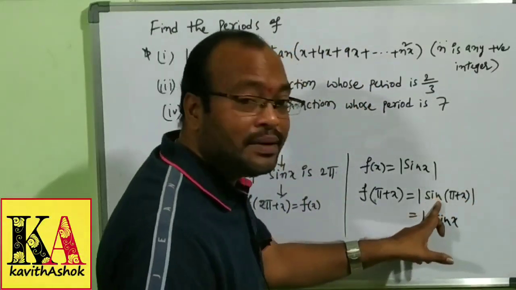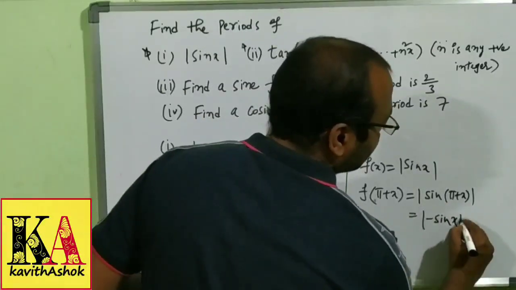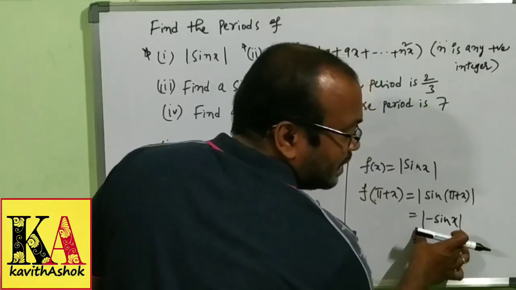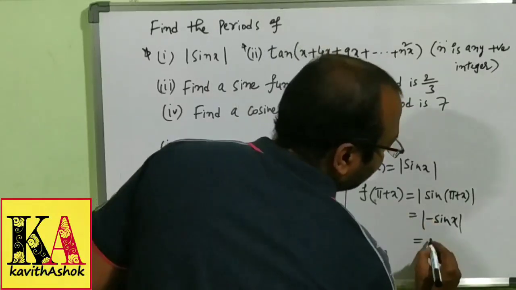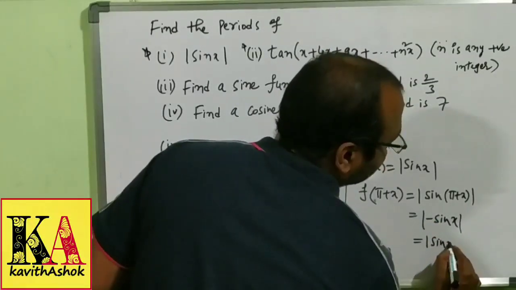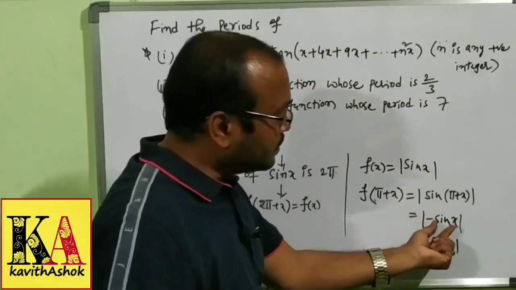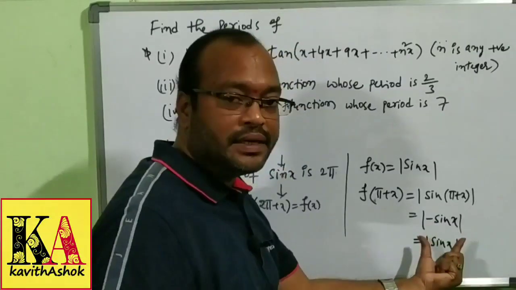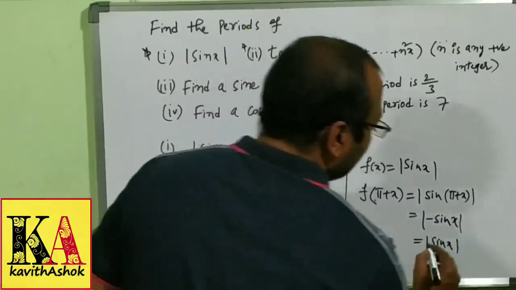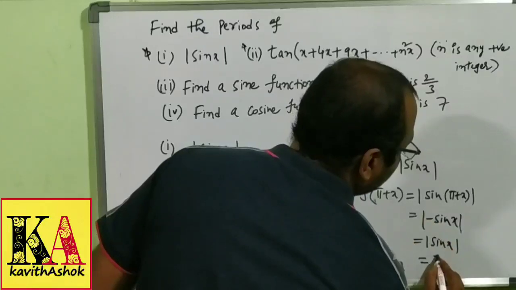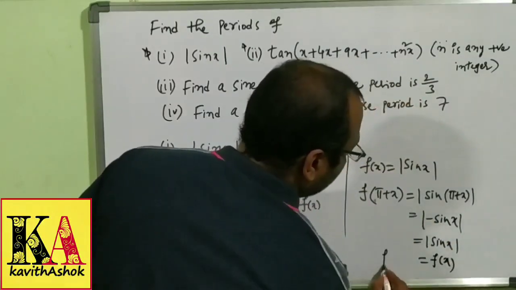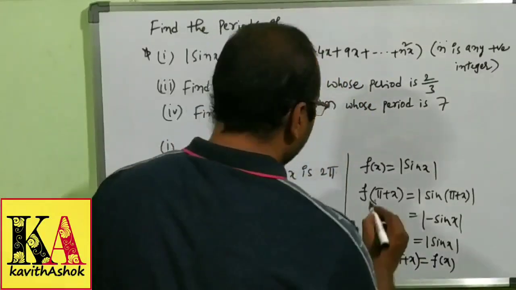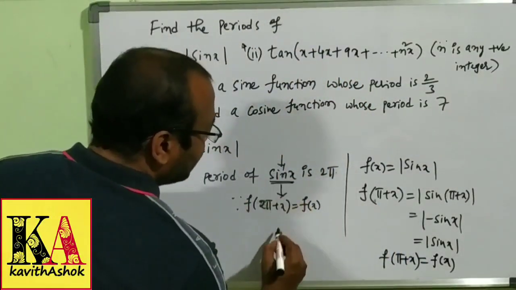In the third quadrant sin will be negative. So we get mod of minus sin x. Since modulus is there, it is an absolute function, so irrespective of sign, mod minus sin x will become mod sin x, which is nothing but f of x. Here f of pi plus x will become f of x. So that's why the period of mod sin x is pi.